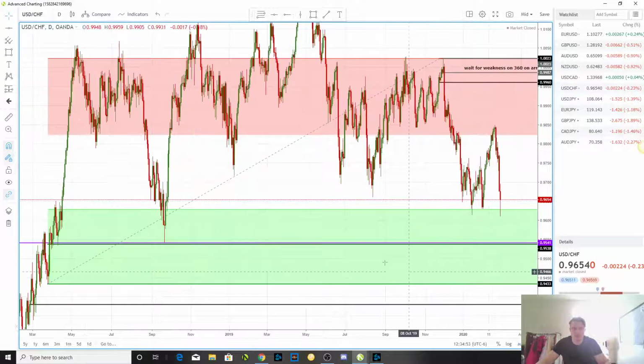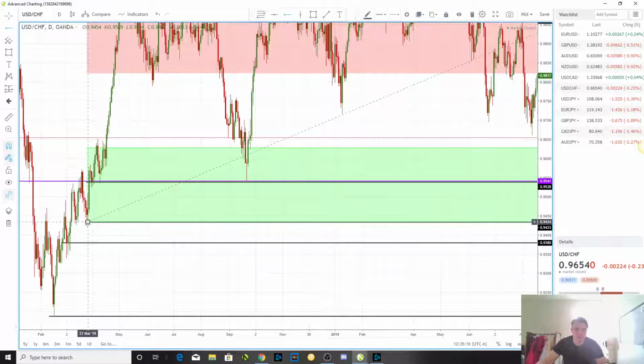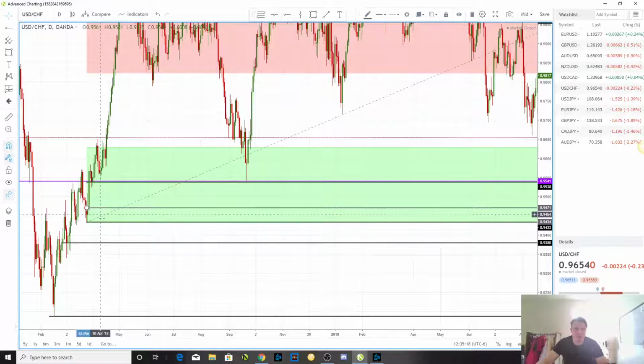I'm just going to put that purple line there on the weekly because that's where it came up on the daily. And then for demand on the daily, we'll take a look at this area. So same thing, we gotta wait for the weakness or the strength.